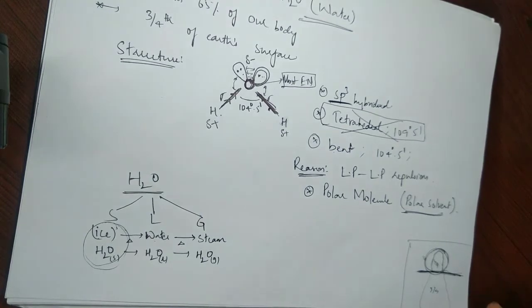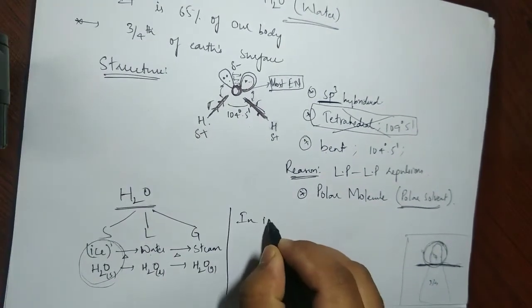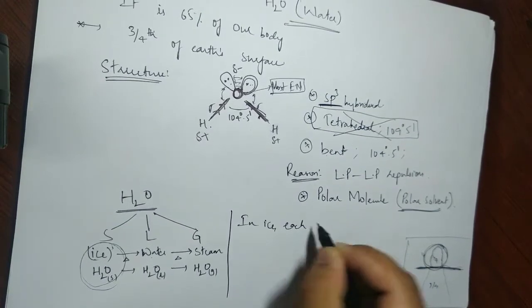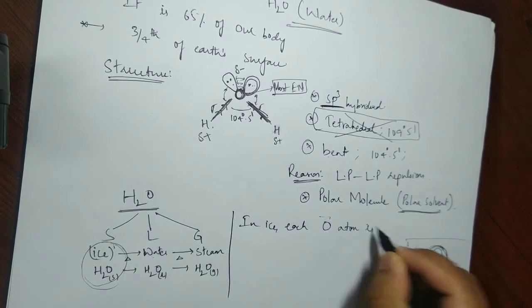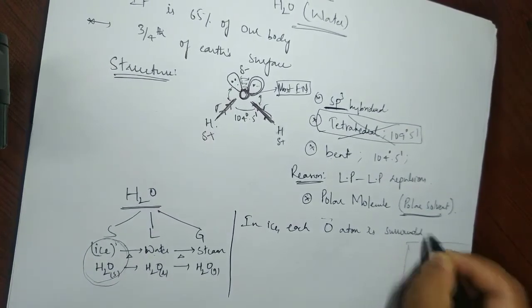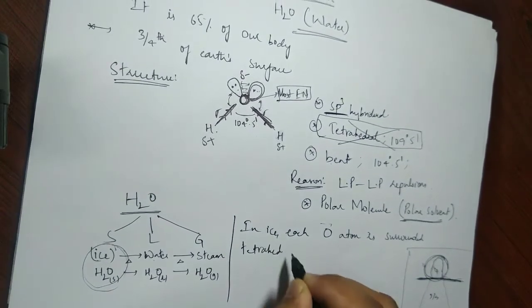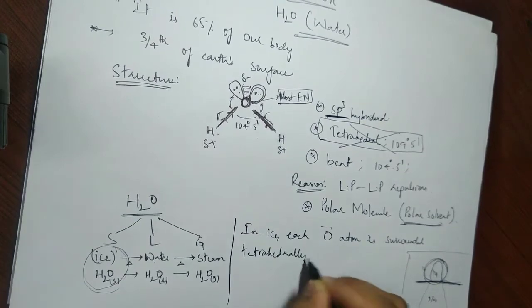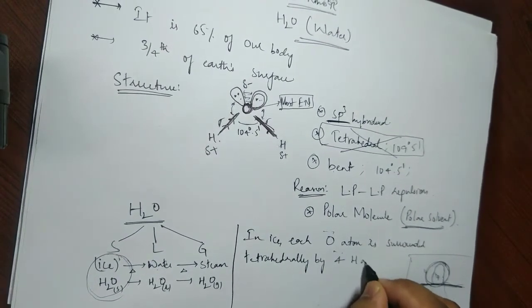Why does ice float? The reason is this: in ice, each oxygen atom is surrounded tetrahedrally by 4 hydrogen atoms.